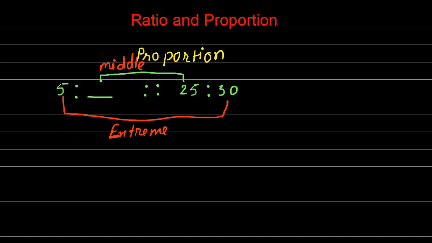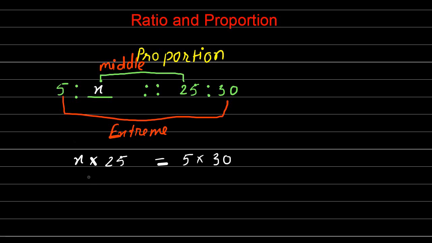Let's see how. I said product of middle terms. If we do not know this missing number, let's just label it as x. So x times 25 is equal to the extreme terms, 5 times 30.